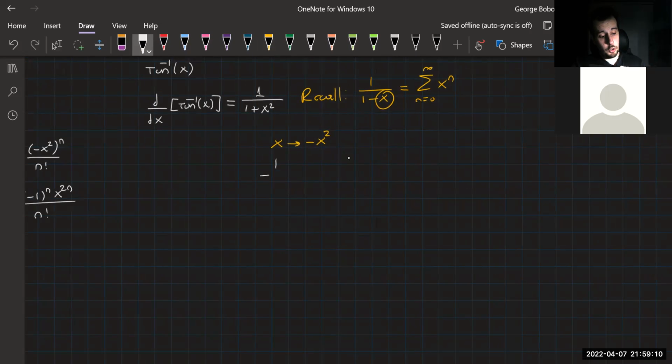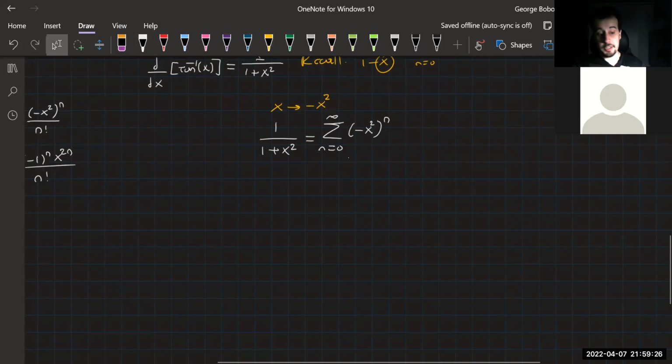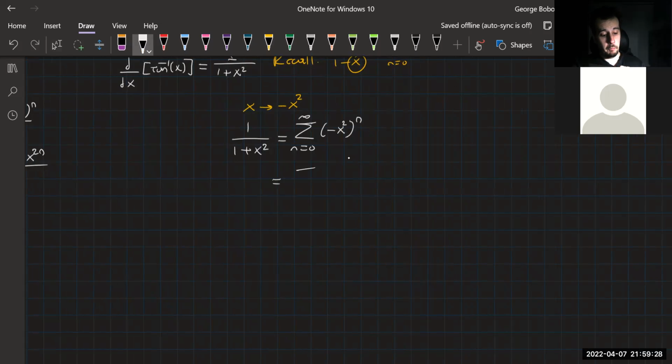So 1 over 1 plus x squared should be the series from n equals 0 to infinity, and we change this again into a negative x squared. And you can see where this takes me. So this is going to be negative 1 to the n, x to the 2n. That is what the power series of this function is.